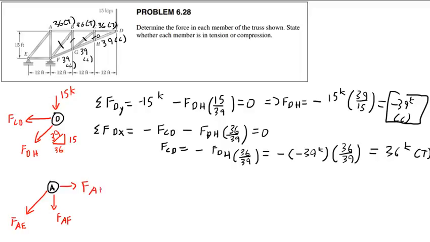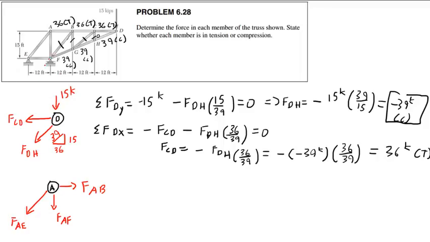How did you choose A? I just liked that because I saw that there would be only 2 unknowns going into that one. I could choose F, but then I have 3 unknowns: the unknown reaction, and the unknown forces here and here. So I'm not going to touch that one if I can avoid it.